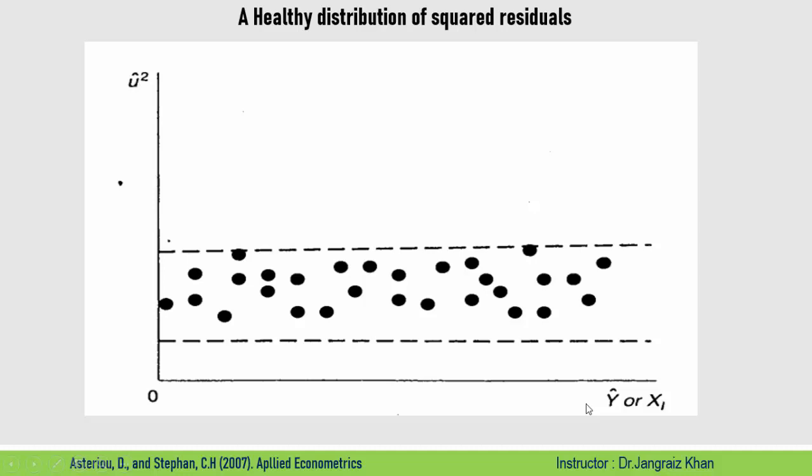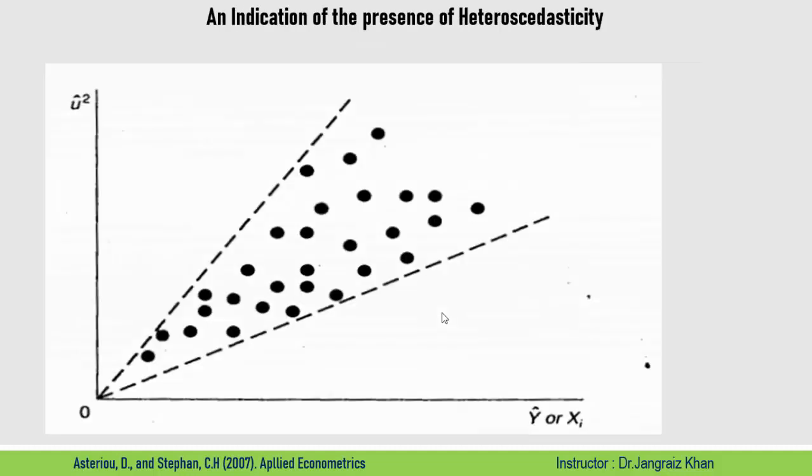We can see it in this graph. If we draw the residuals on a graph and we see the variance is constant, then there is homoskedasticity.